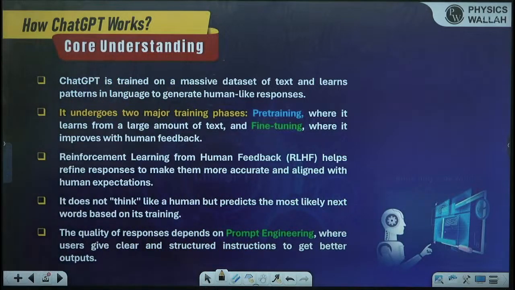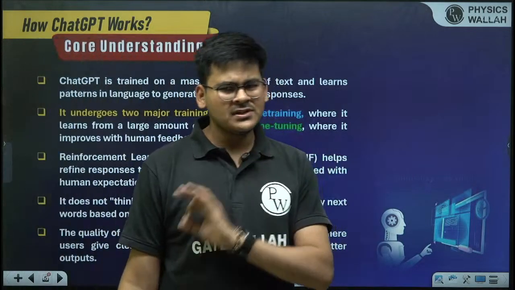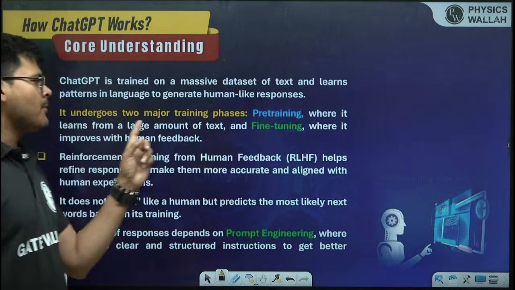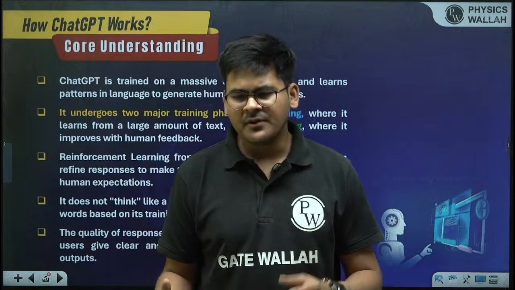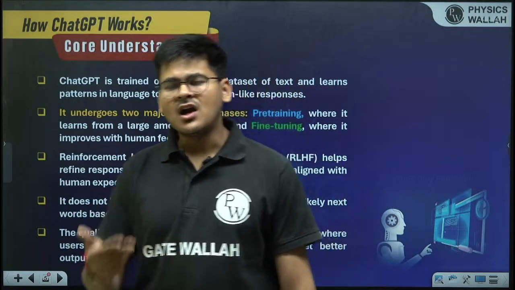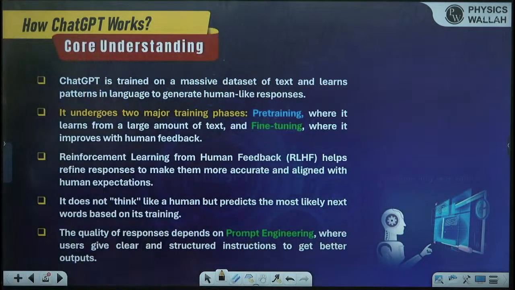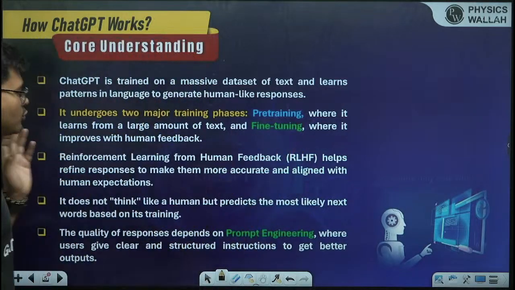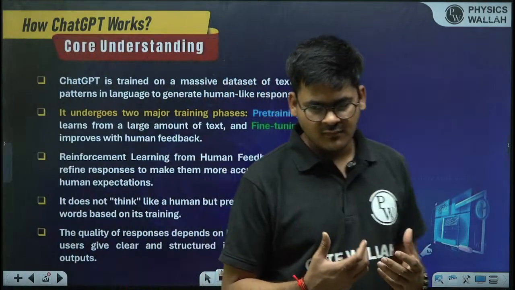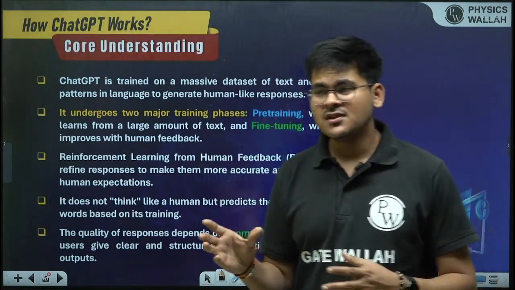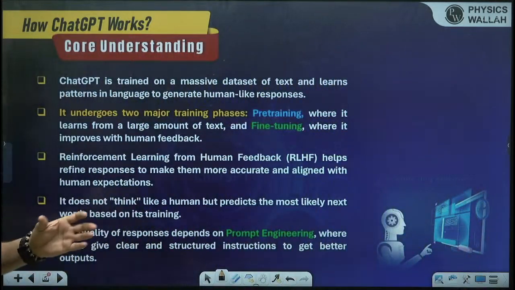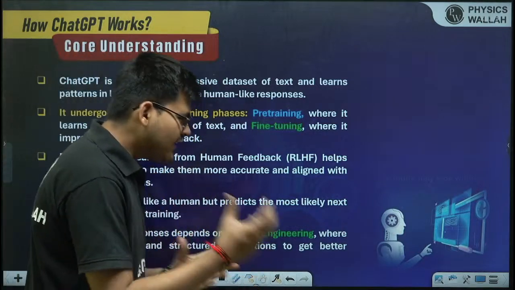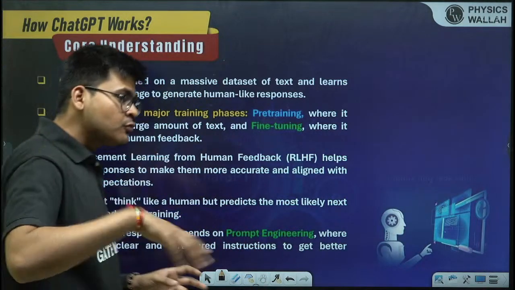The first is called pre-training, where it learns from a large amount of text. The second is fine-tuning, where it improves with human feedback.